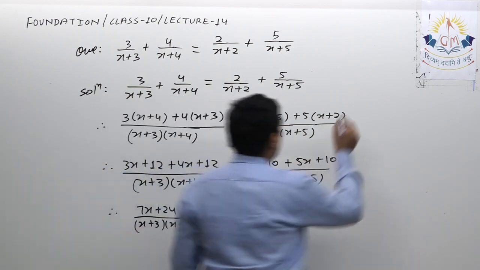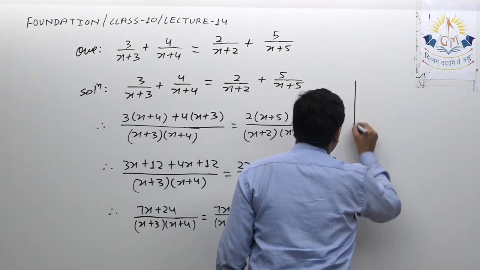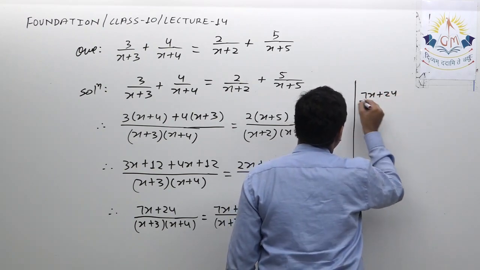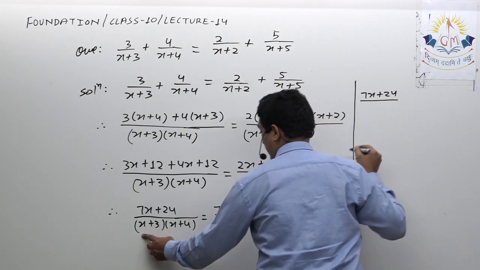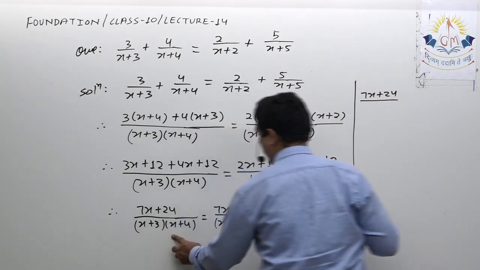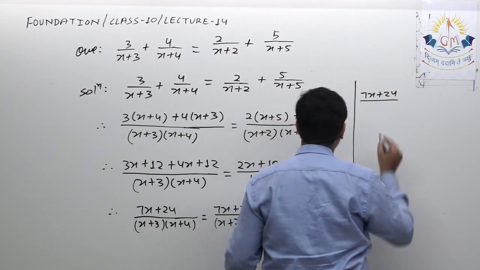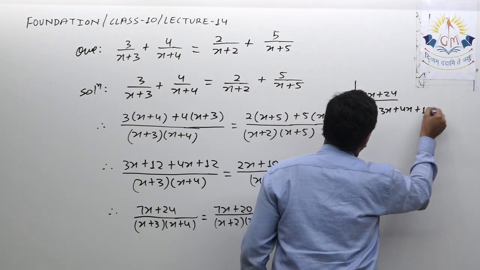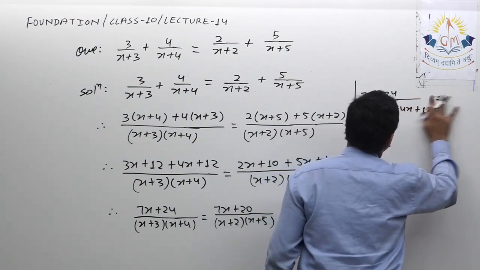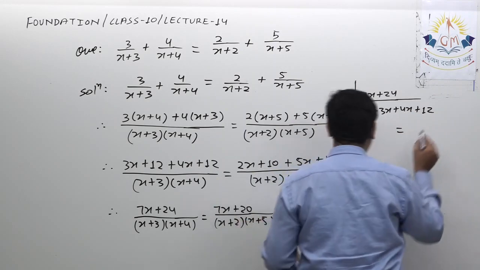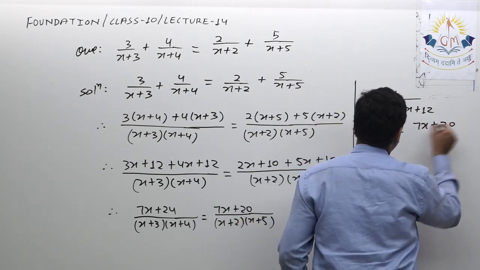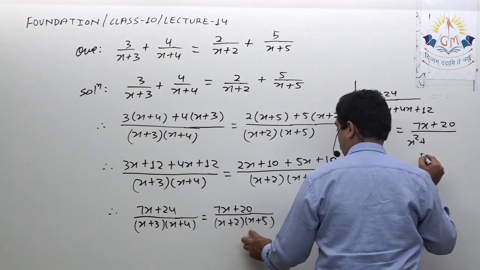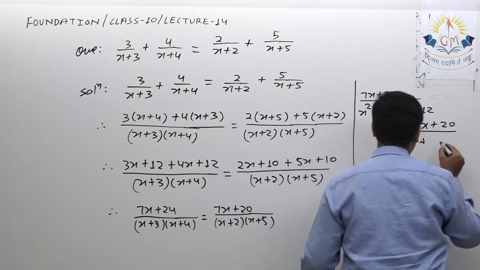Okay, so let us see how to solve it further. Now the numerator I have is 7x plus 24 upon, if you open the bracket, x square plus 3x plus 4x plus 12, which is equal to, over here, 7x plus 20 upon x square plus 2x plus 5x plus 10.